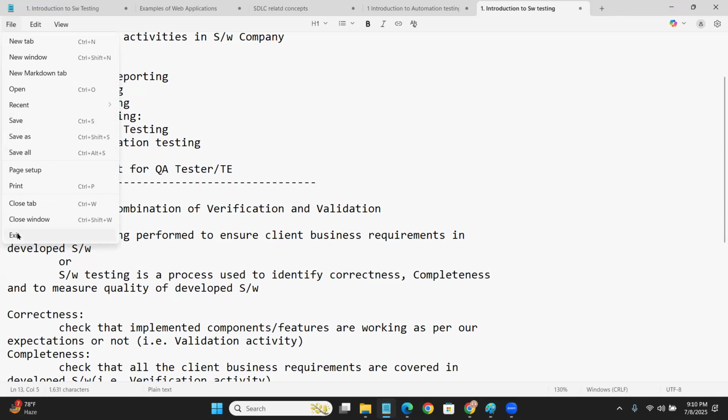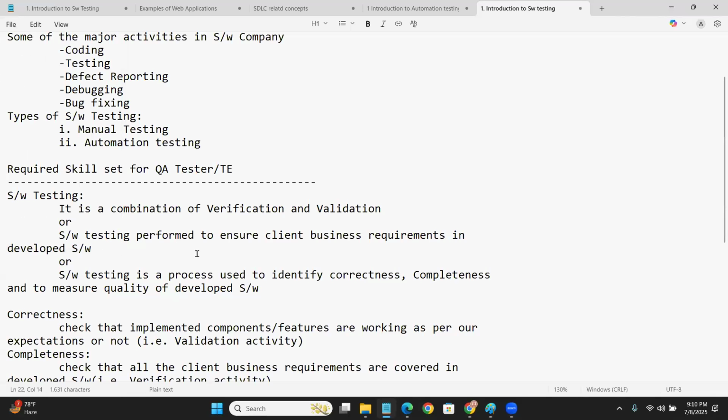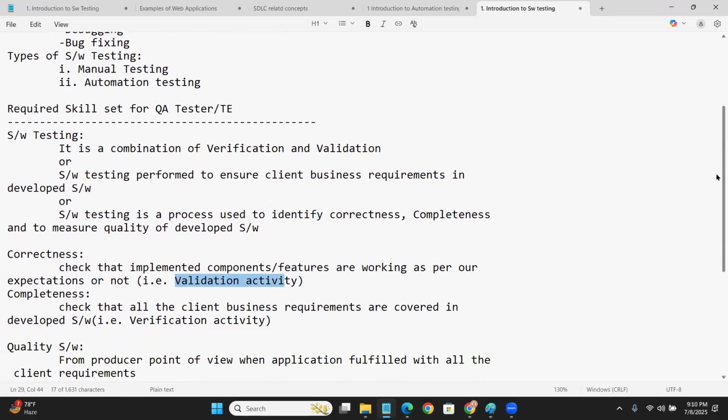Now Exit is there. If I go for Exit and it closes the document, only then I will say it is working correctly. For any software, whatever features or components are implemented, we have to check whether they are working as per our expectations or not. That kind of activity we call validation activity.